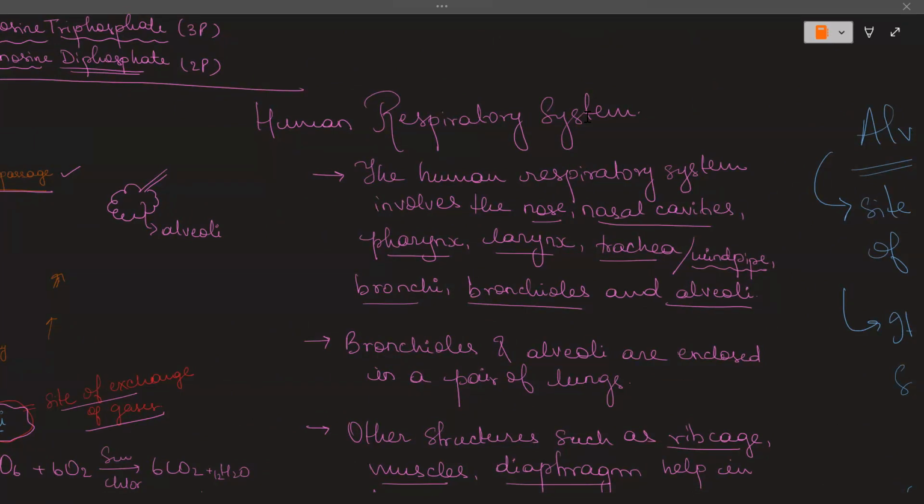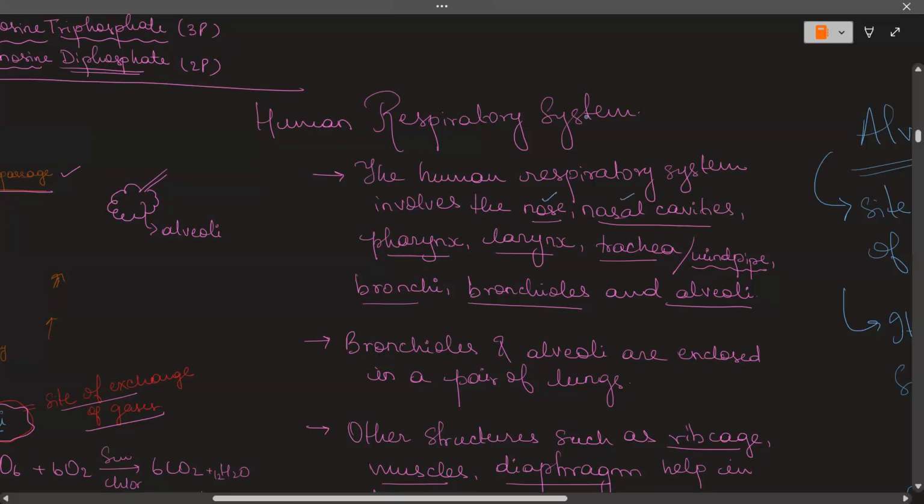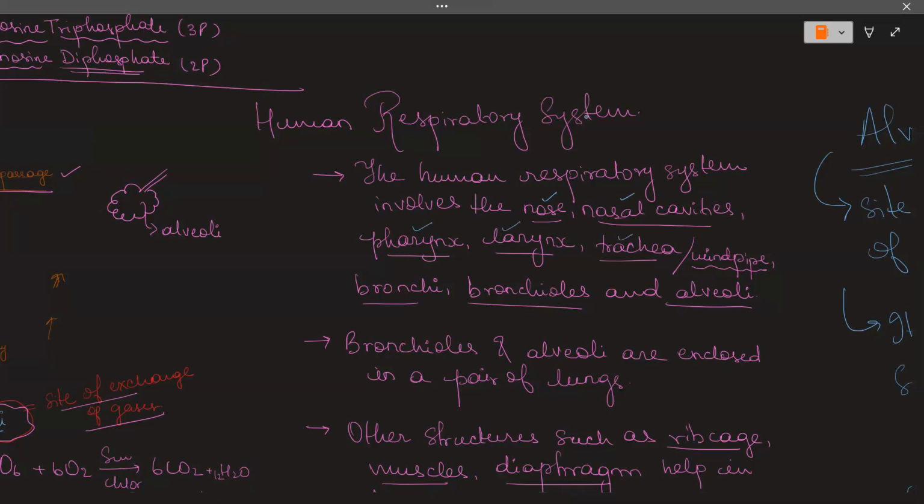It has certain components such as the nose, the nasal cavity, the pharynx, the larynx, the trachea, the bronchi, the bronchioles, and then the alveoli. We also can't forget the lungs, because the lungs are the site of respiration. So these are the components of the human respiratory system.